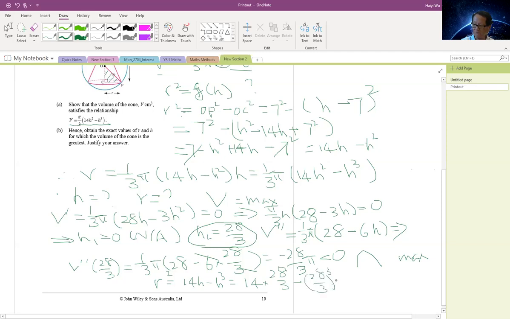This gives us r squared. Then r will be the square root of that.